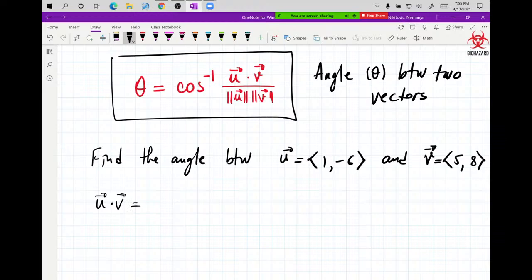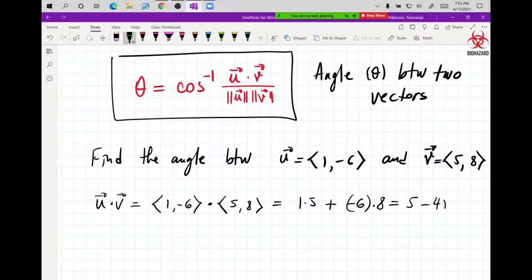That is (1, -6) dotted with (5, 8). So that's 1 times 5 plus -6 times 8, which is 5 minus 48, which is -43.